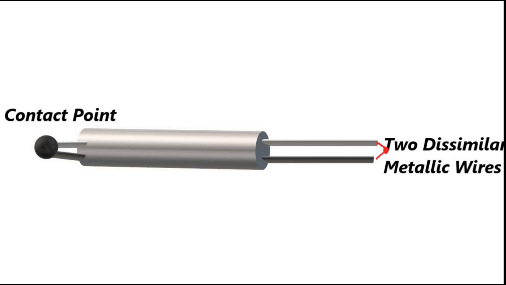These 2 points where the metallic wires are joined are called junctions. This is one junction, this is another junction, and this is the body of the thermocouple, which has some internal circuitry which we will discuss later.